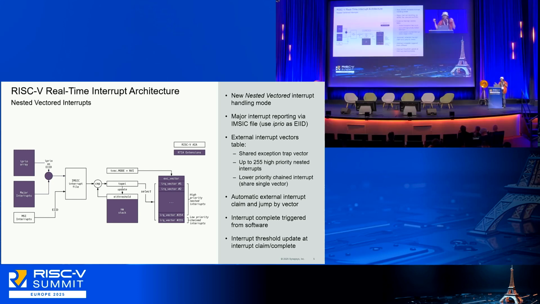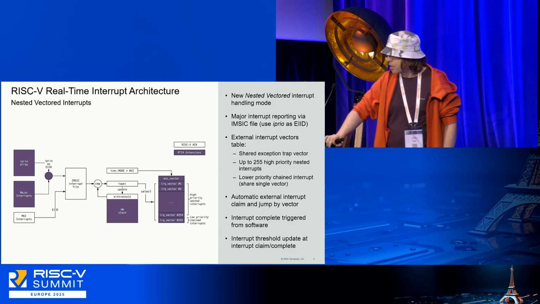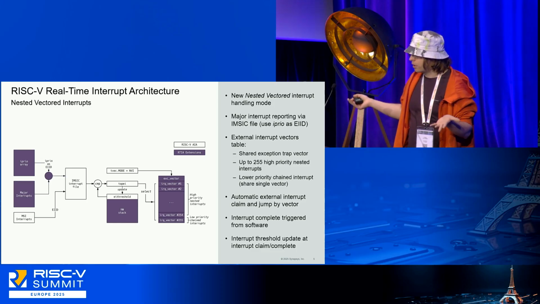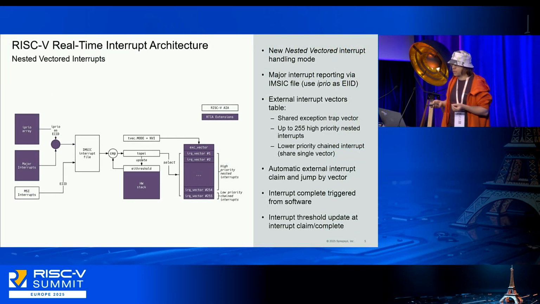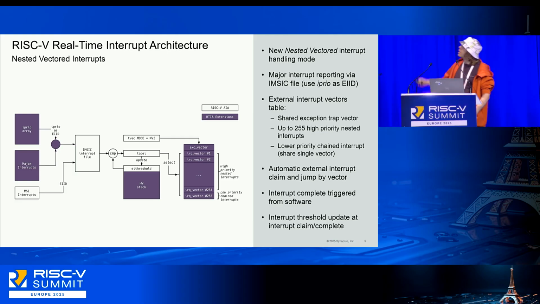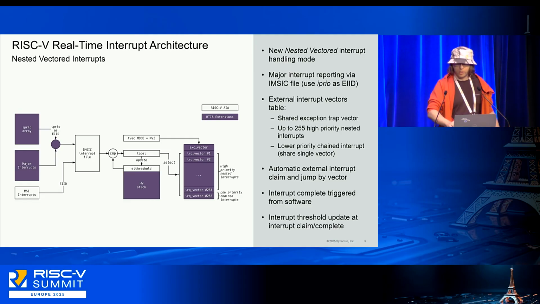We can control the interrupt priority threshold for all the interrupts via the existing EITHRESHOLD CSR. And now we have an external interrupt identity for all interrupts. So we can easily construct a vector table. Basically, we just do it for external interrupts. Here on the slide is shown the vector table layout.